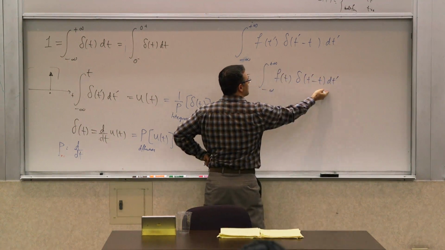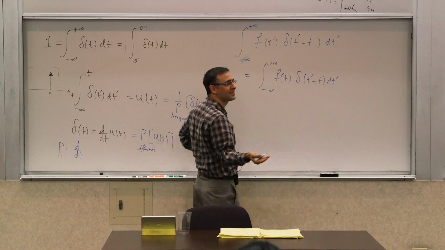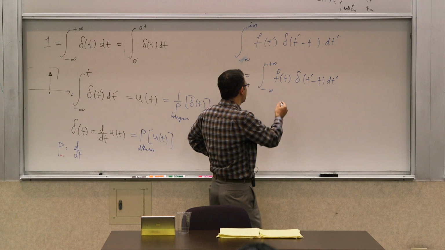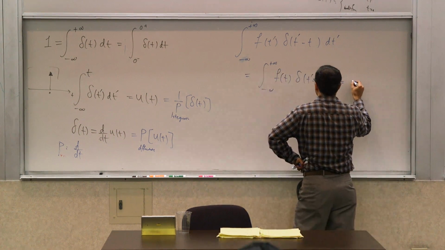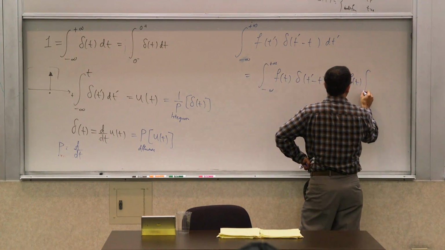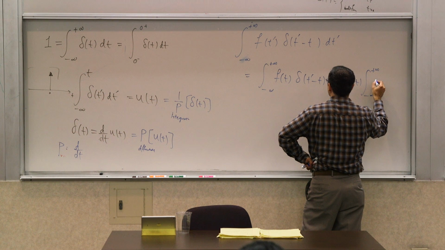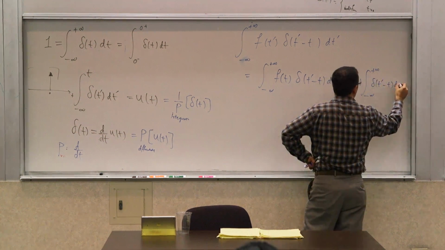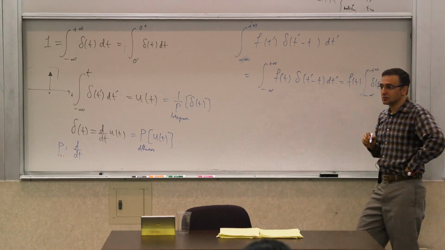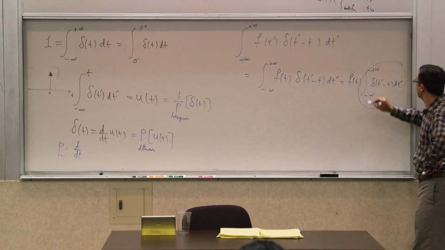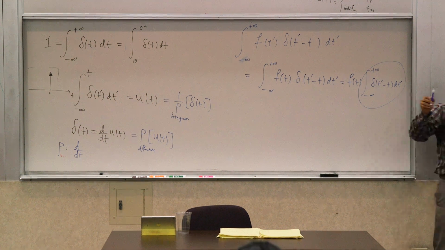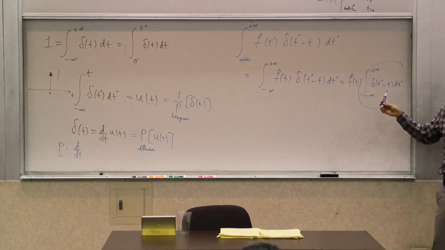But now this integral is over t prime. So t is a constant as far as this integral is concerned, right? So I can take this constant out. I get f of t times the integral from negative infinity to positive infinity of delta of t prime minus t, dt prime. What is this integral now? 1. It's the area under an impulse at point t.